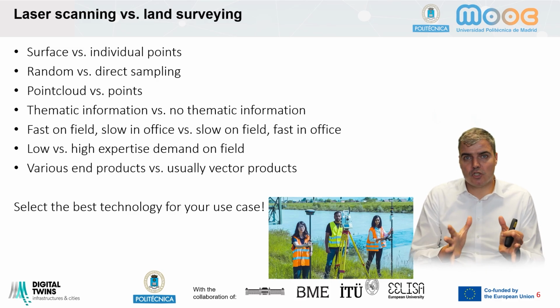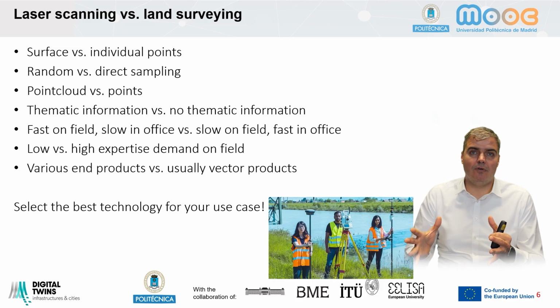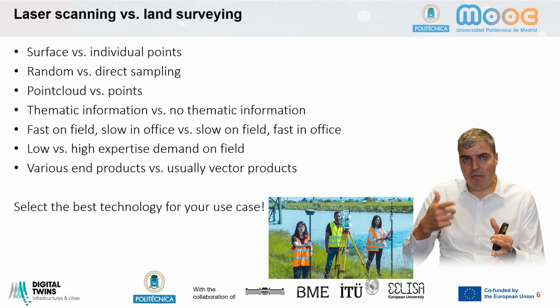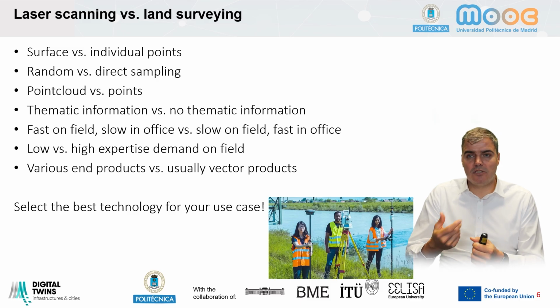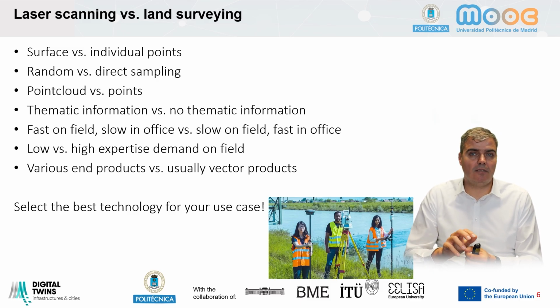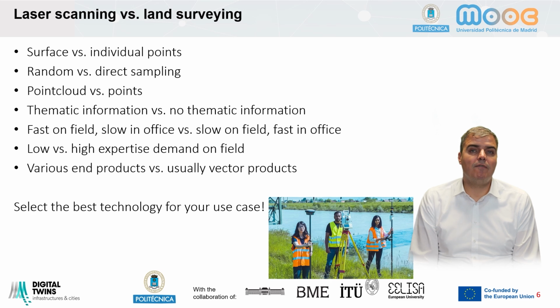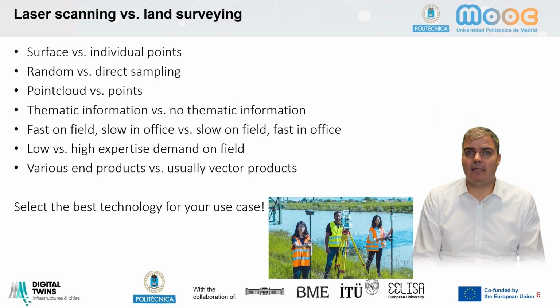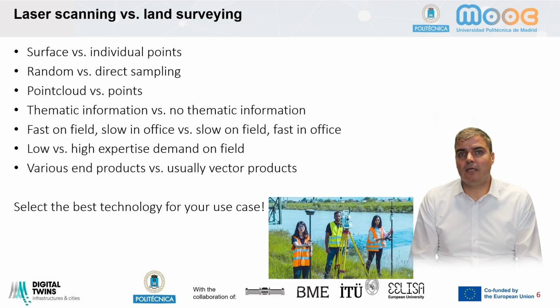So we can shorten the time in the field with laser scanning, but in case of land surveying, we need to think more on site. It's the engineers who decide what kind of point to measure and what not, and not design only in the office. In case of laser scanning, low expertise can also be accepted, not in the processing, but in the survey, while in land surveying, you need high expertise on demand in the field.